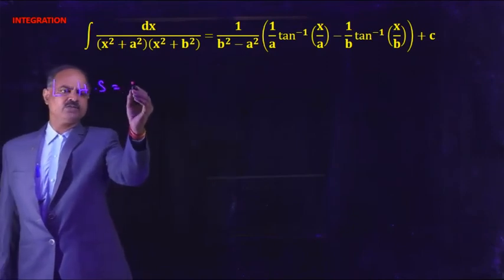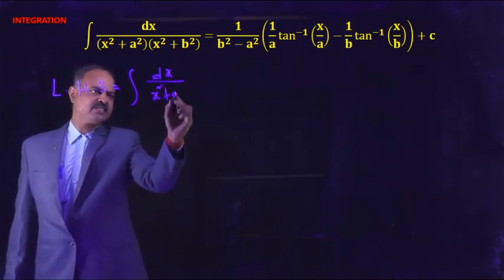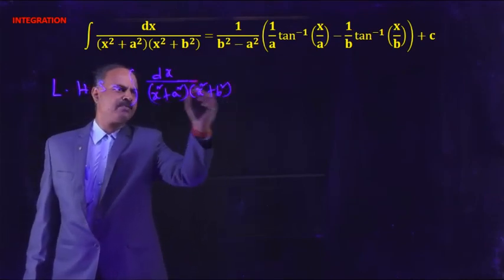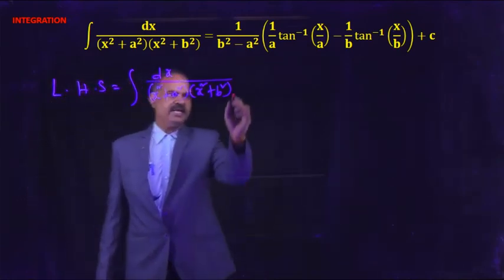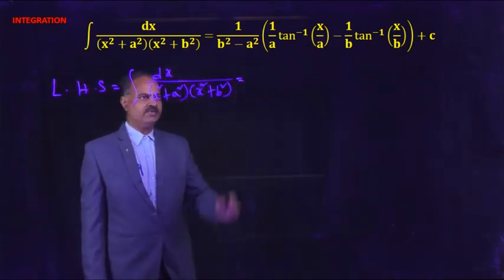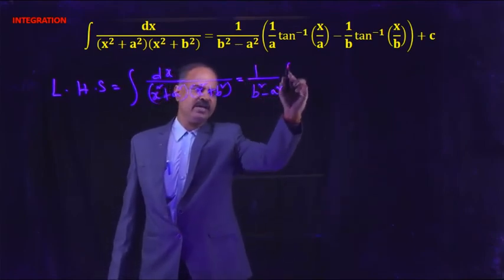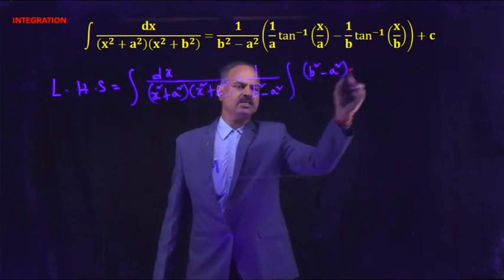This is equal to integral dx by (x square plus a square) into (x square plus b square). Now here multiply and divide by (b square minus a square). Now this is equal to 1 by (b square minus a square) into (b square minus a square) into dx by (x square plus a square) into (x square plus b square).